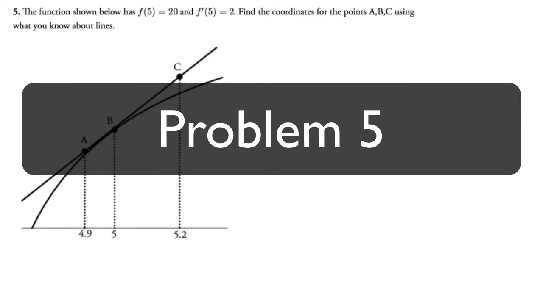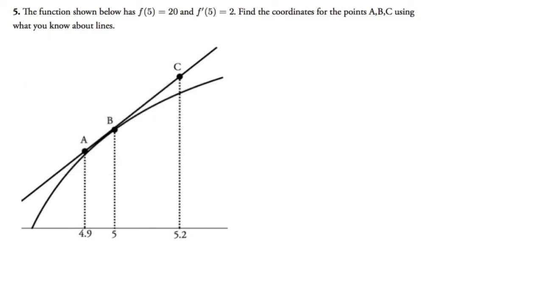So in this example, this is kind of like the previous problem that we just did, where we have this value. We know f of 5 is equal to 20. So we know that the coordinate for B is going to be 5 comma 20, because we're given the value of the function at 5.